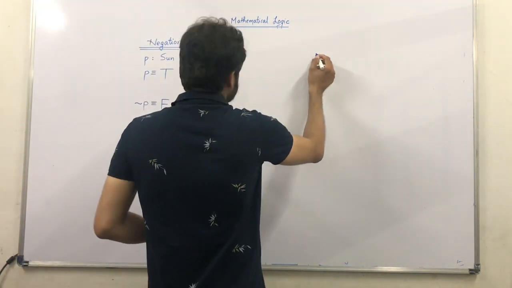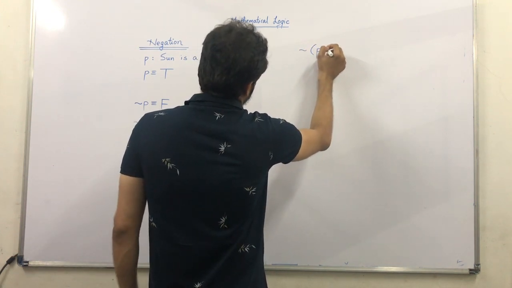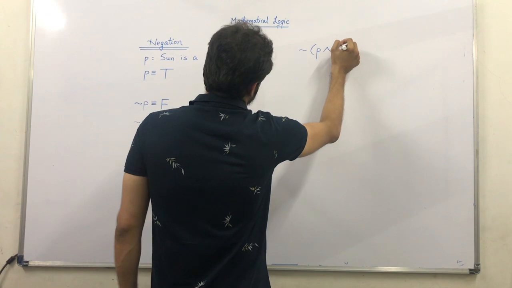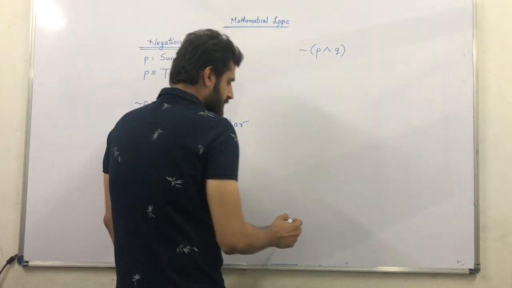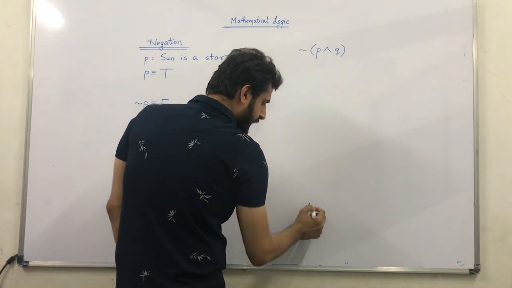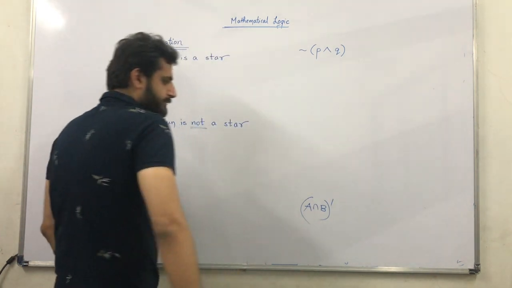Now for compound statements, if you want to take negation of a conjunction, so negation of P and Q, it is as good as writing (A intersection B) the whole dash. Negation means you are taking the complement.